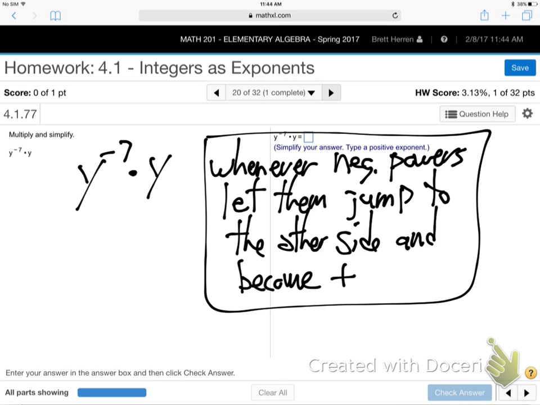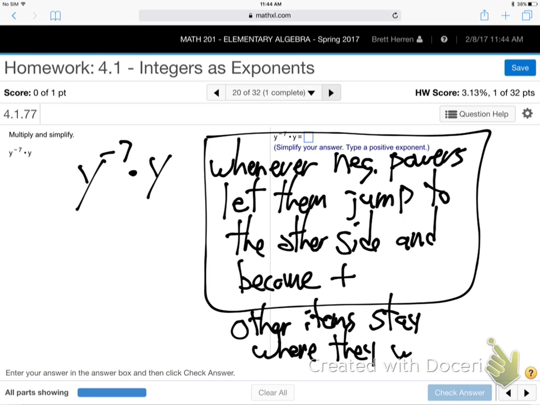So whenever you see a negative power in there, oh, and let me mention, other items stay where they were. What others? I mean the y. He's not going to jump to the bottom because he doesn't have a negative power on him.